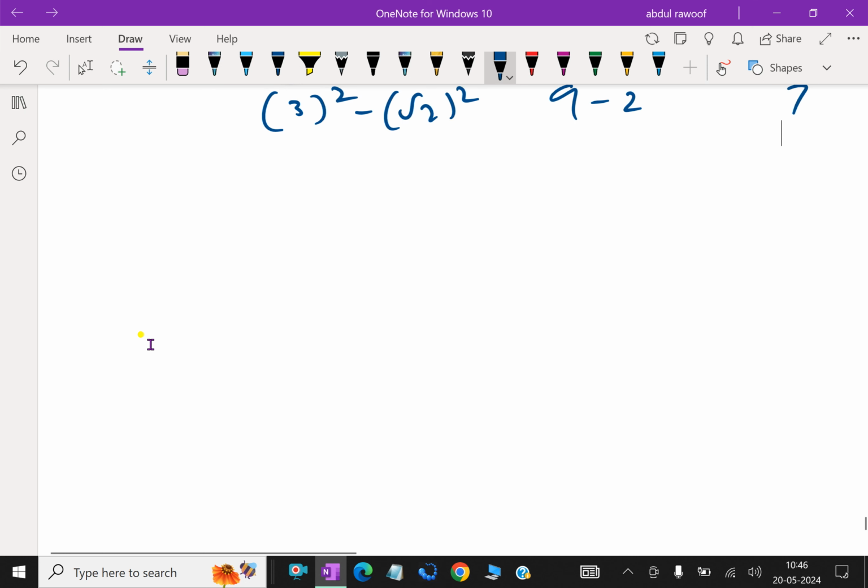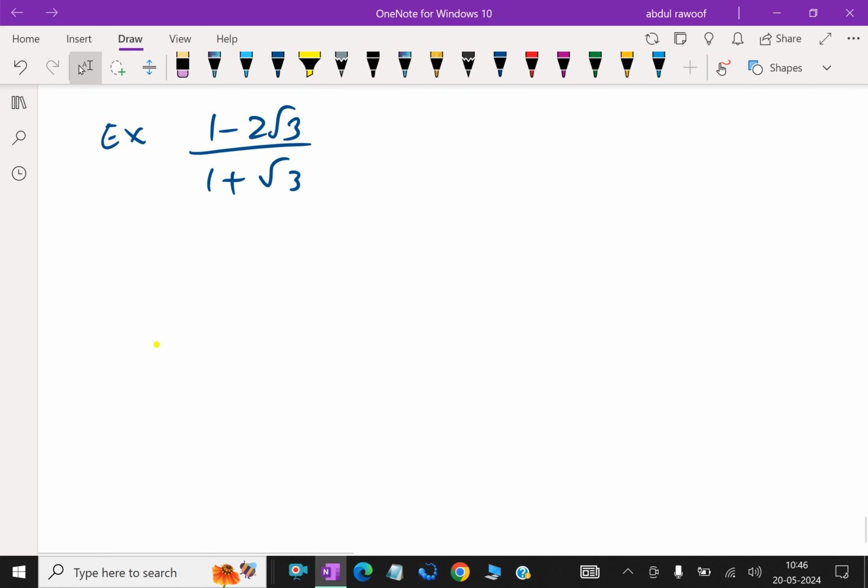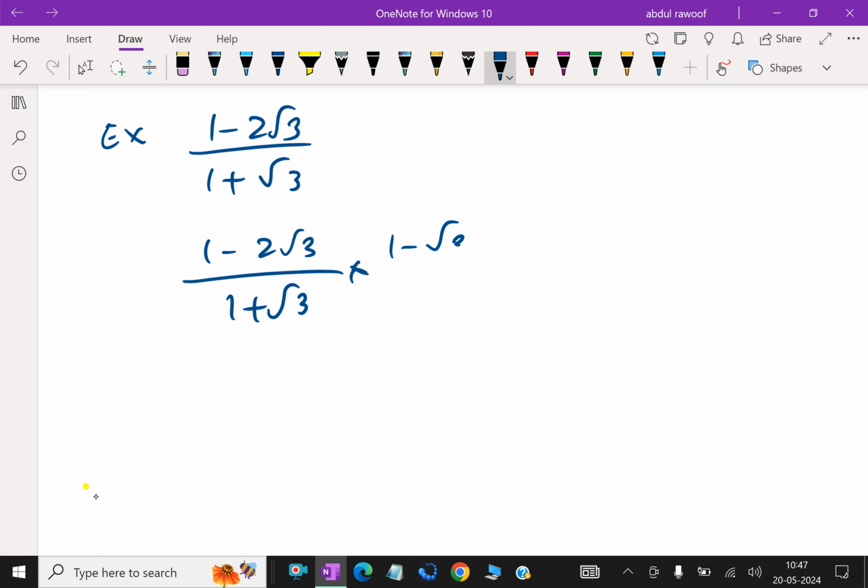Next example, rationalize the denominator in simplest form: 1 minus 2 root 3 over 1 plus root 3. Here the denominator has 1 plus root 3, so we have to rationalize the denominator. Multiply 1 minus 2 root 3 by the opposite of 1 plus root 3, which is 1 minus root 3 over 1 minus root 3.